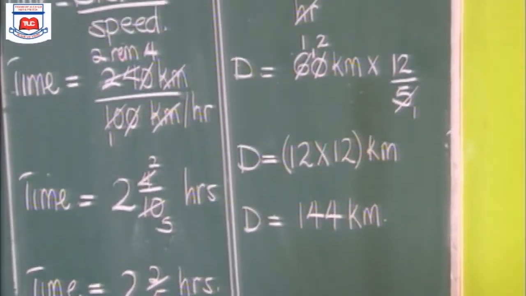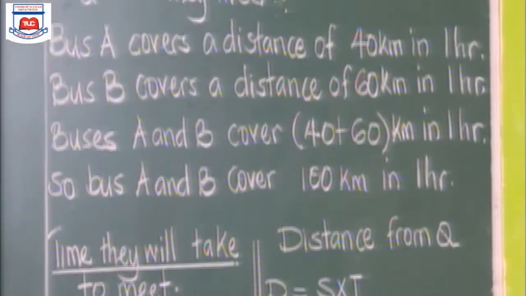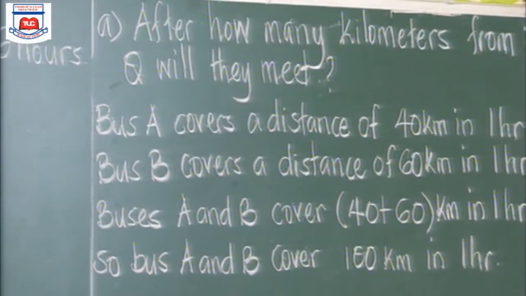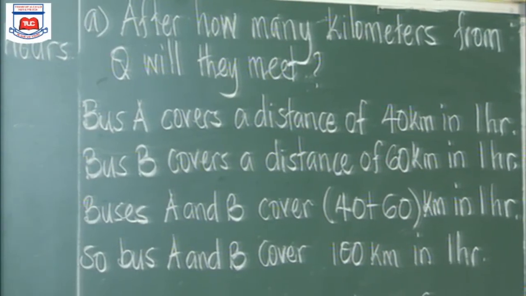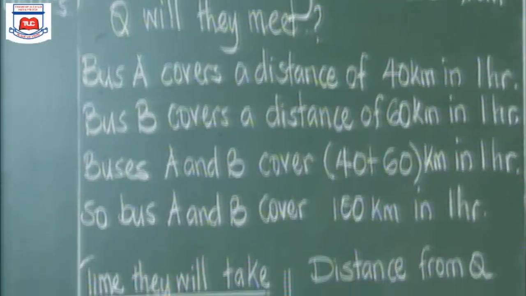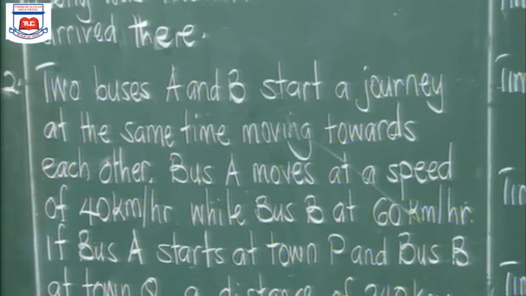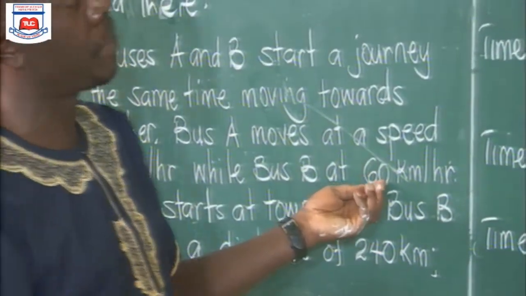Now, the question is, after how many kilometers from Q will they meet? Now look at which bus was being driven from Q. That is bus B. Bus B was starting from Q, and it was being driven at a speed of 60 kilometers per hour.